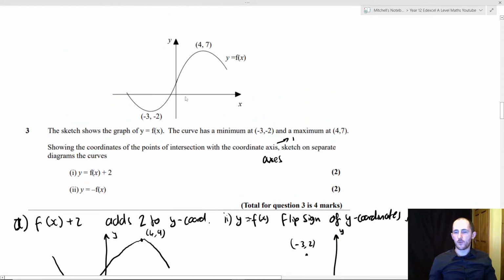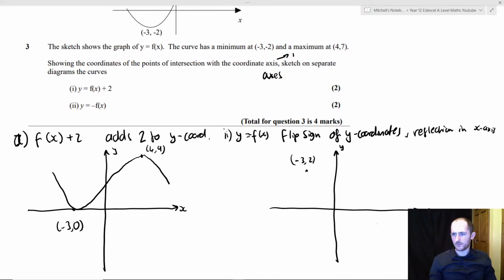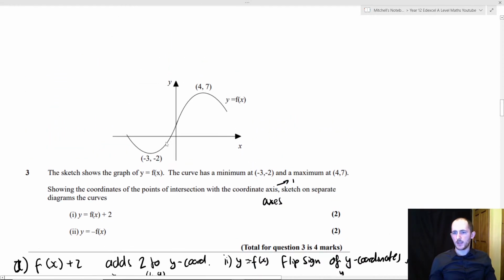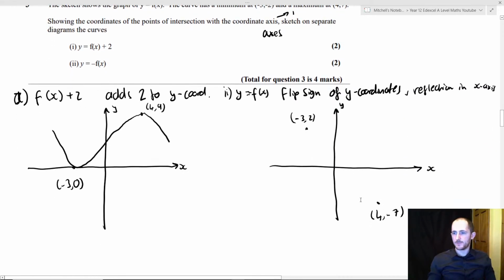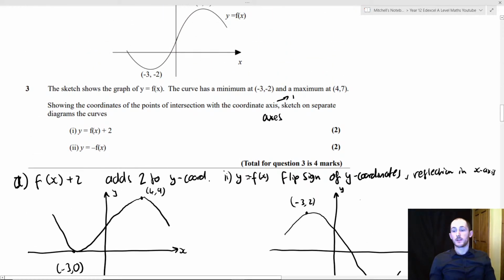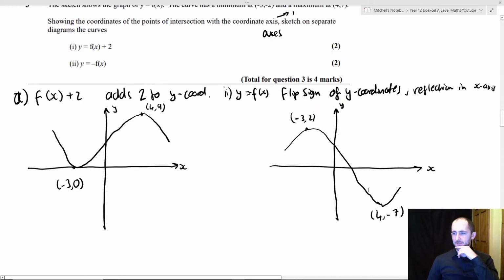And then you also have 4 minus 7. So again, now instead of it going down and then up, it's going to go up and then down, because again we're flipping this, rotating it 180 degrees, right? So it's going to go up, like that. Yeah. Oh, and that will be it. So those are the new coordinates that we have.